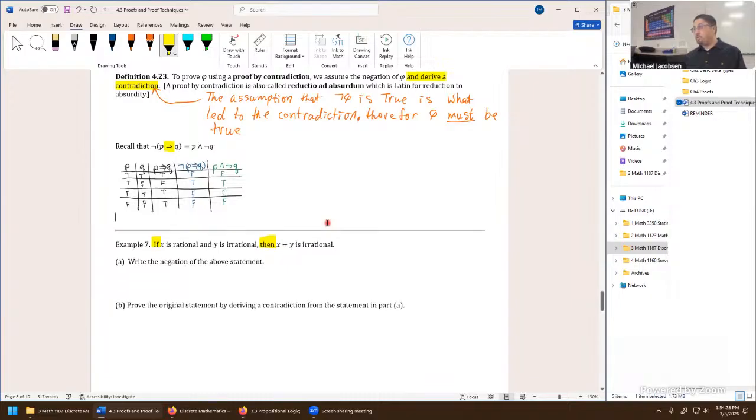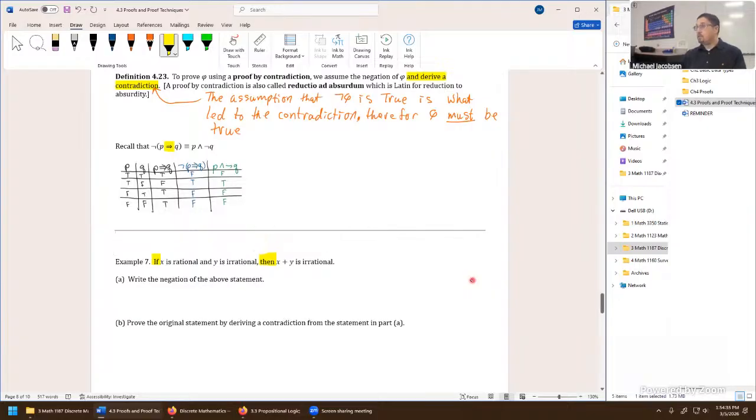So through that logical equivalence there, it tells us how to negate the statement in example 7. If x is rational and y is rational, this whole part right here is the proposition P in the P implies Q implication structure.